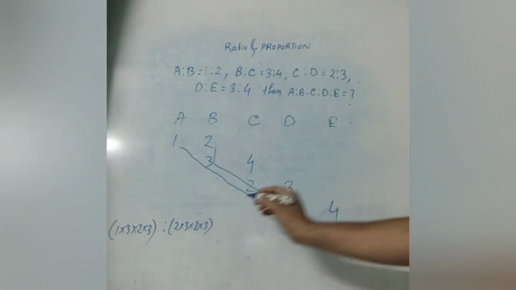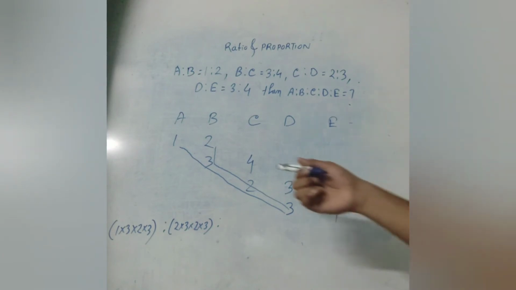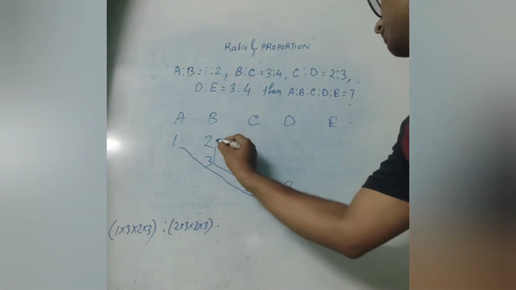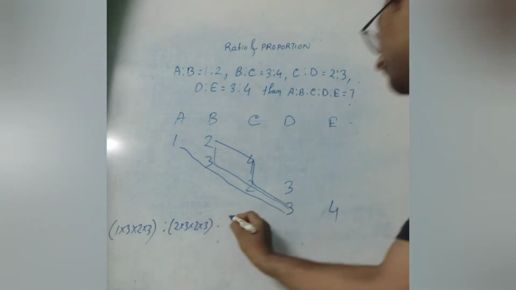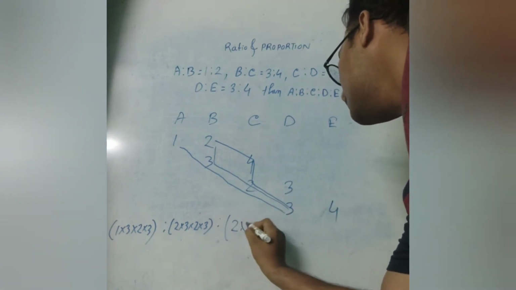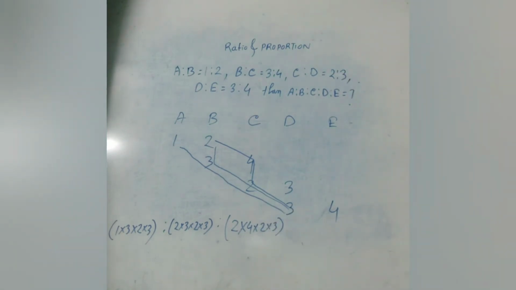This is our B. For C we need to multiply 2, 4, 2, 3.